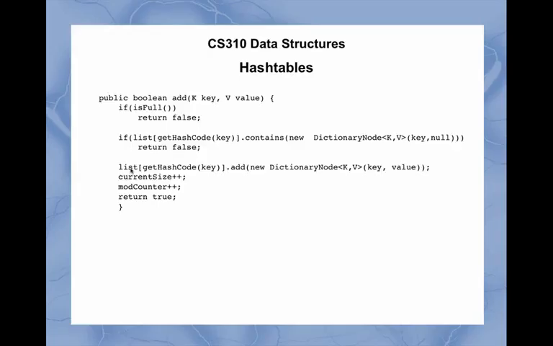So when we get here, we know that the table's not full and that the key is not a duplicate. Then we add a new dictionary node, using the key and the value. Notice we have a one-line piece of code here to do the actual insertion. You must never have loops in the add, search, or delete methods in a hash table because these methods must be big O of 1.